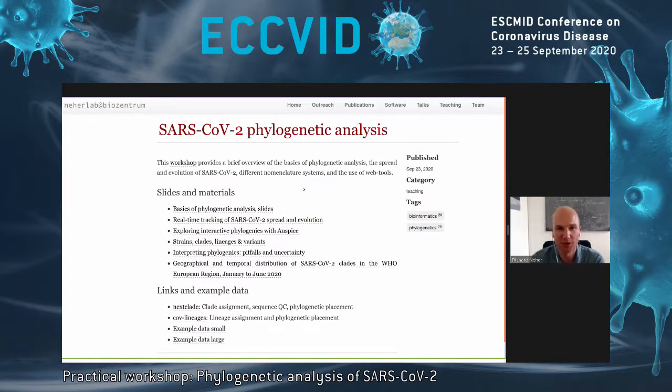So what we want to do in the second hour is give you a more hands-on experience and a touch and feel with the kind of tools that are out there for sequence data, what kind of inferences you can draw, and what is available on an ad hoc basis for you to play with.